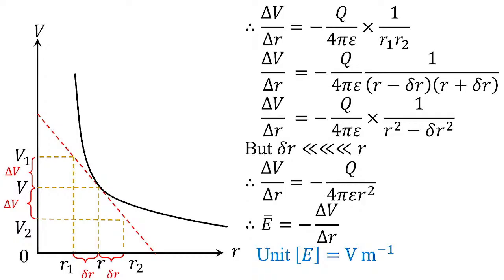Now we have a unit called volt per meter. So E equals delta V over delta R.